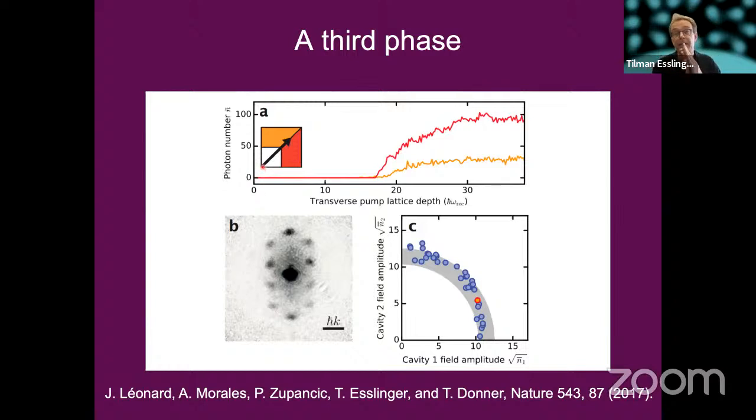You have the cavity detunings such that they achieve the same coupling, and then you increase the intensity. And then what you see is that a field in both cavities builds up, and then you repeat the experiment very often, and you always see similar lines like this, but sometimes more field in the one cavity, sometimes more field in the other cavity, and that result is plotted here in this quarter circle.